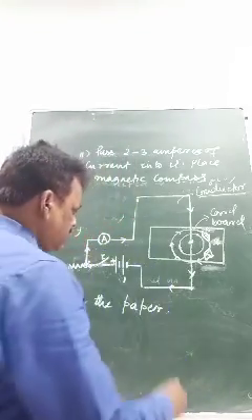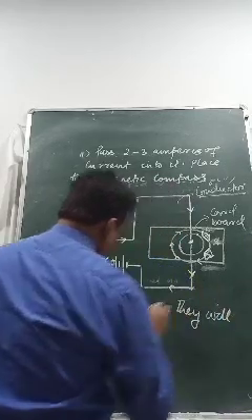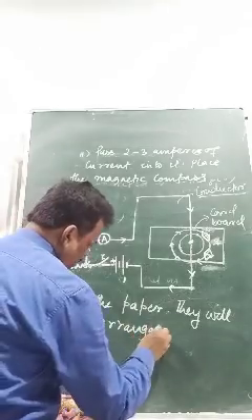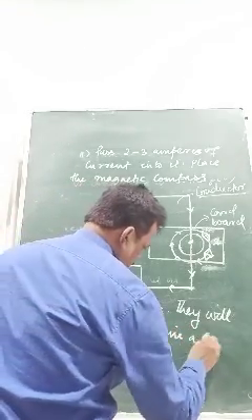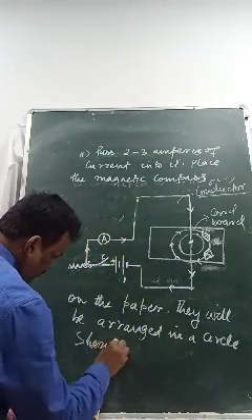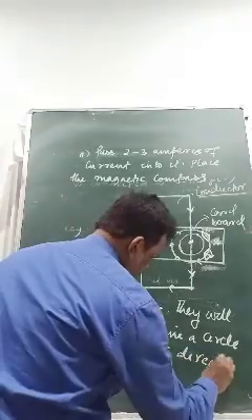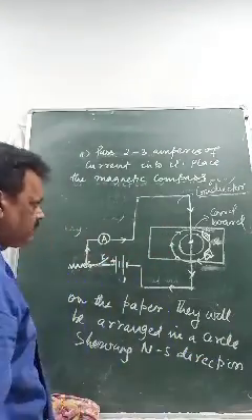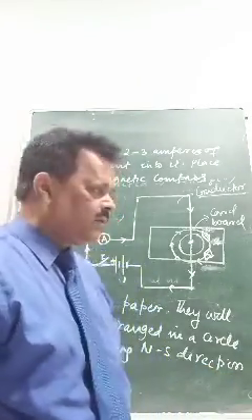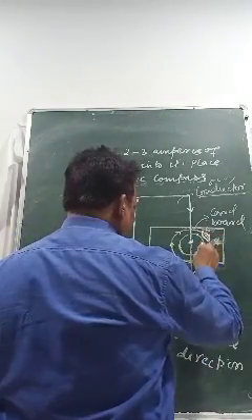They will be arranged in a circle showing north-south direction. Okay, so you find the circles are made like this around the conductor.